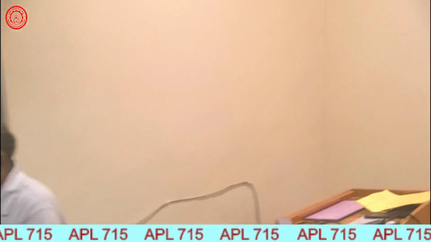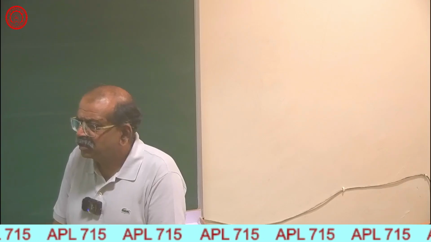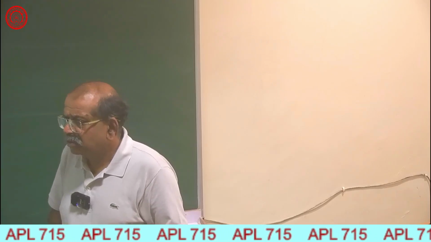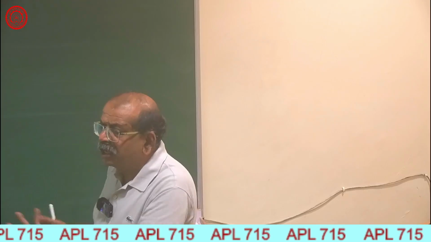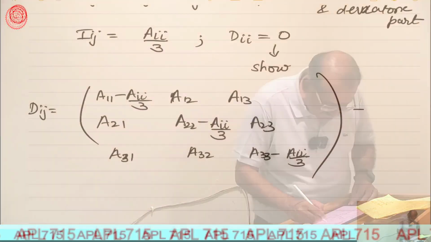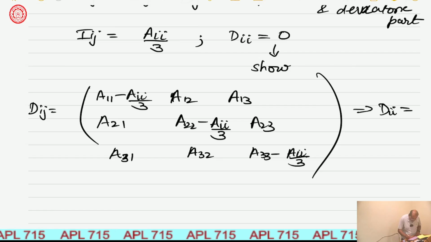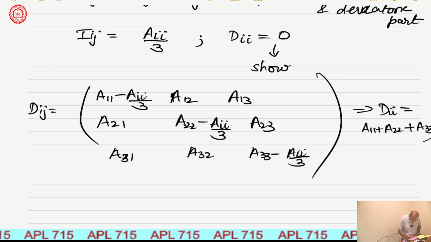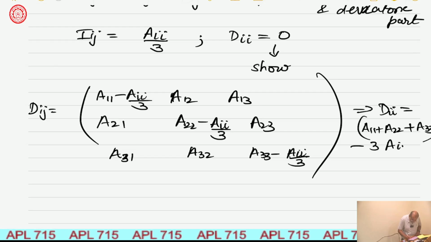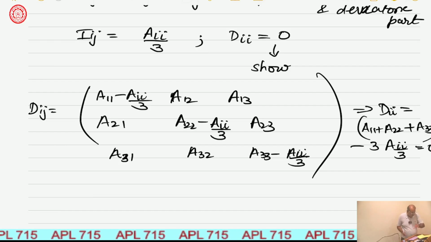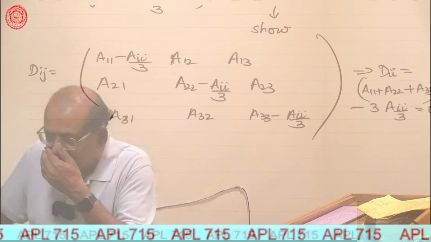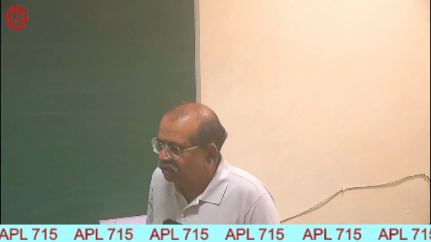Are you comfortable? Now what is d_ii? Sum of all the diagonal terms. ठीक है ना, so straight away this implies d_ii is zero. ठीक है, okay, no issues. अच्छा, but you should get the doubts clear rather than just think it's so obvious or it is easy.